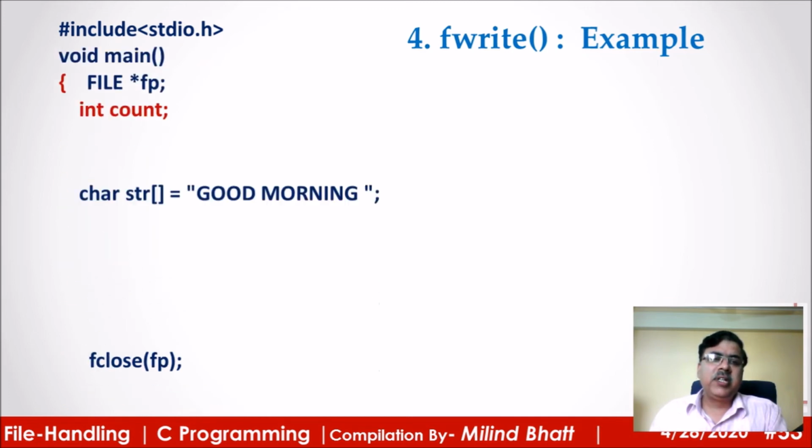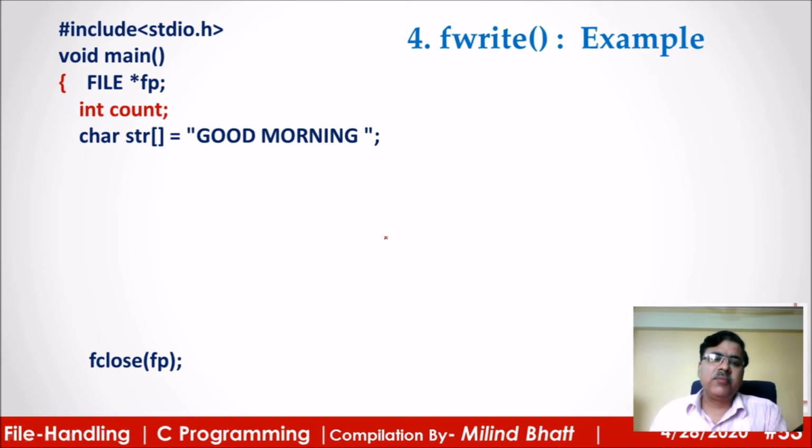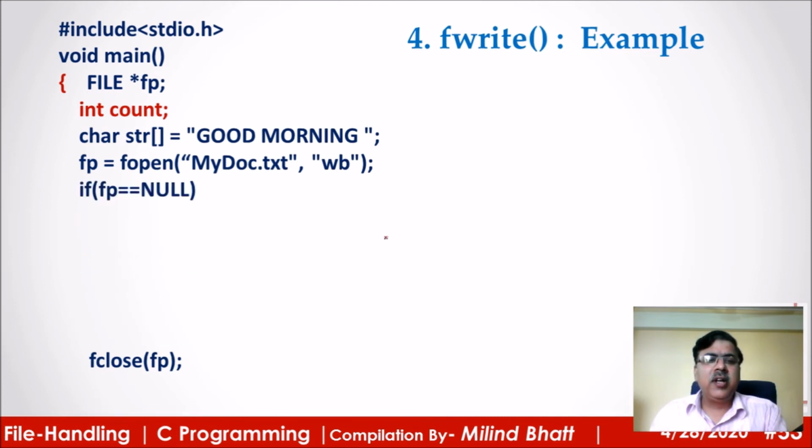Let's have an example. Create a file pointer. Some variable is there in terms of count. I have taken some string and populated it with some message, say good morning, trying to use one file named mydoc.txt, and this is the main point. In which mode am I trying to use? wb.